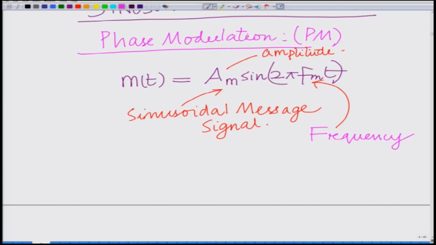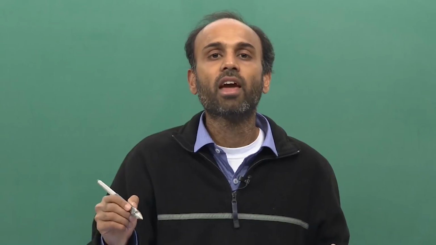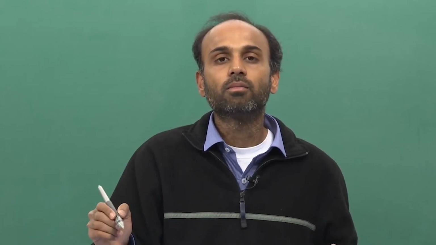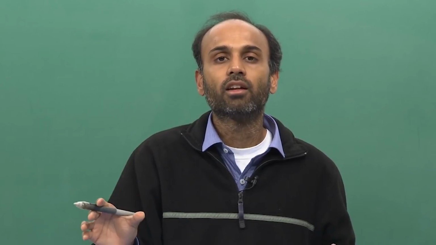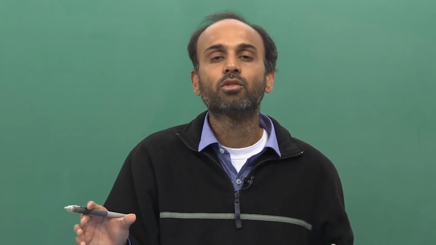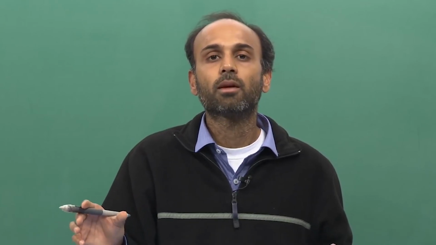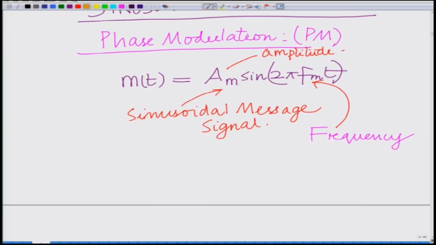Okay. And therefore, in this scenario, remember, in phase modulation the message signal modulates the phase of the carrier. Therefore, we have theta_i(t) is basically 2 pi f_c t, that is the regular phase, plus the phase offset which is given by the message, that is k_p times m(t).